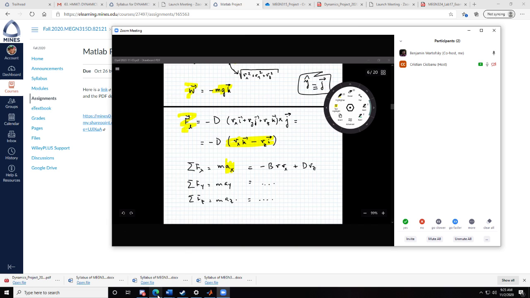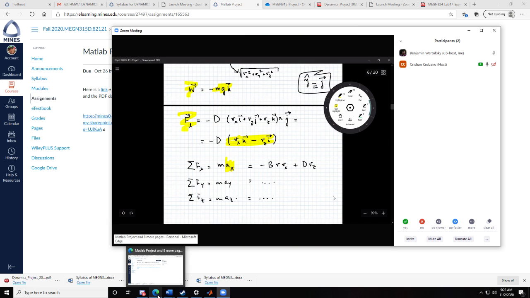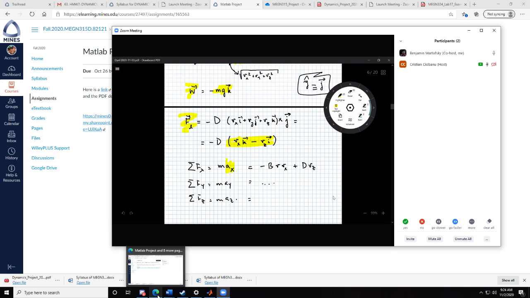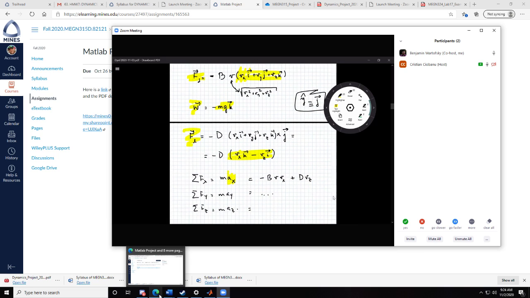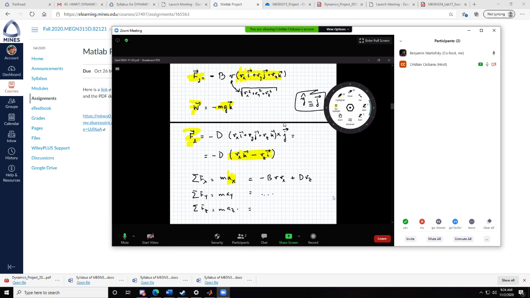Okay, am I sharing now? Yeah. So if I complete this calculation here, or I put dot dot dot, you see the dots. So what are the forces in the z direction? You're going to have gravity, and from the beginning, we're going to have V times Vz k, because it's projecting.